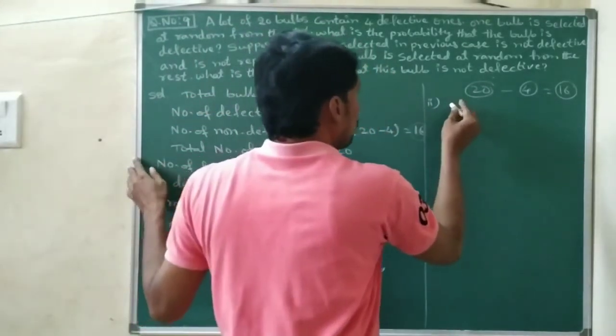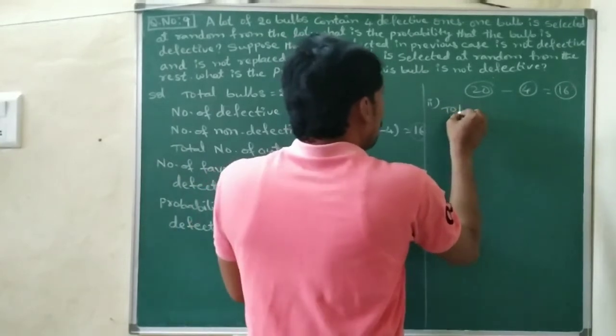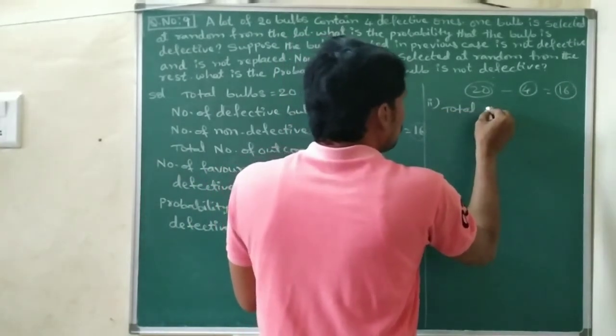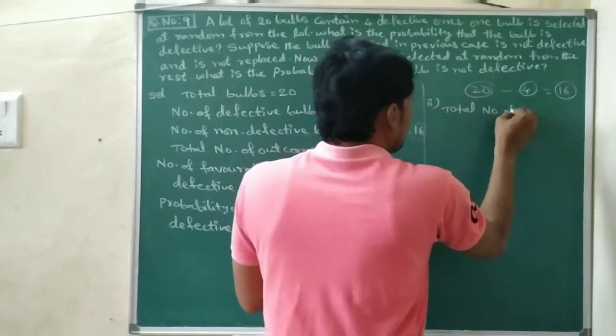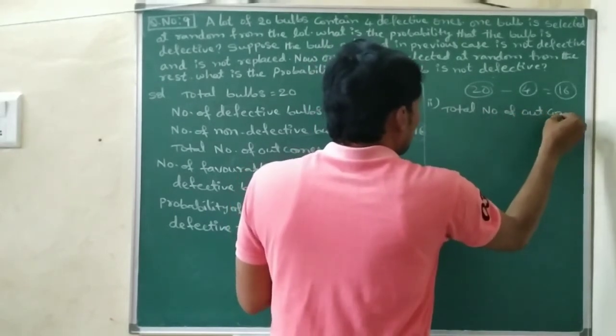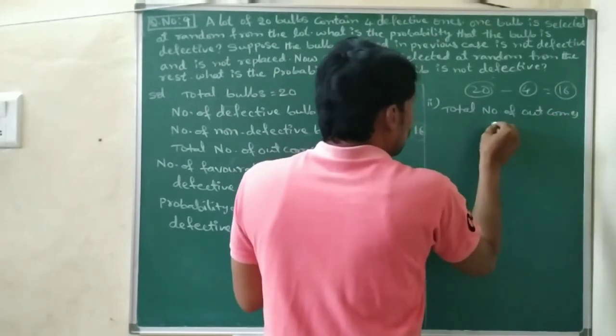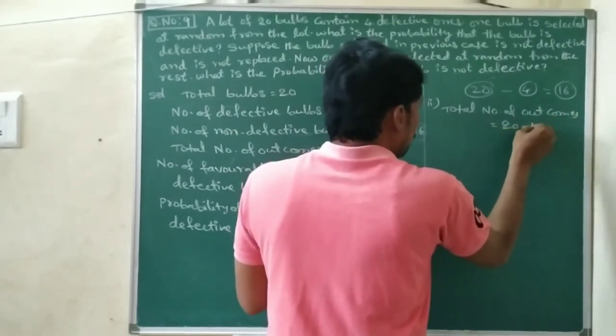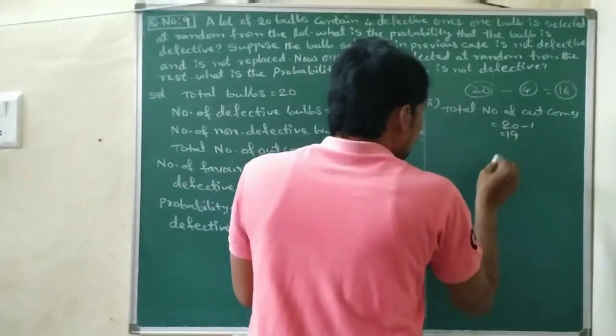Yes. So now write down total number of outcomes equal 20 minus 1, that equal 19.